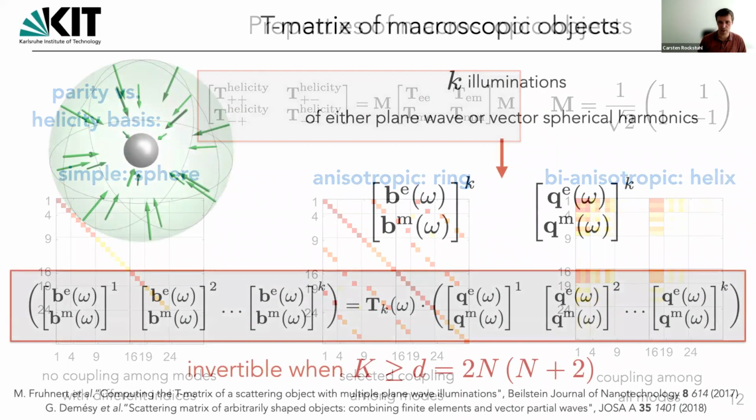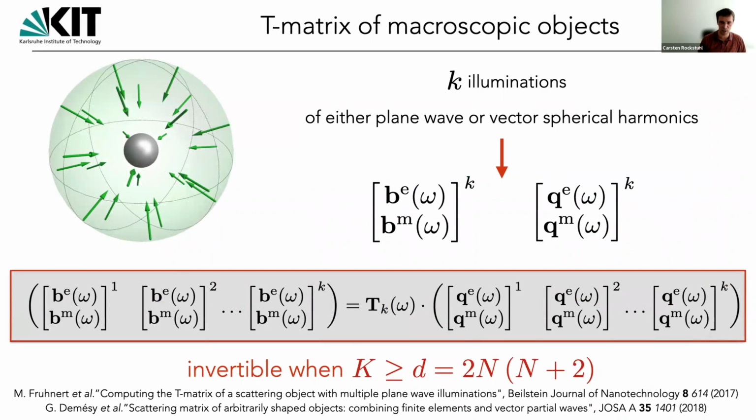Before we continue, I think the only remaining ingredient to this talk from the technical perspective is to convince you that you can assign a T matrix by computational means to any object of interest, as long as you're in this realm of classical electrodynamics. You would do so if you take your Maxwell solver of preference and a plane wave for illumination, which you can expand in this vector.